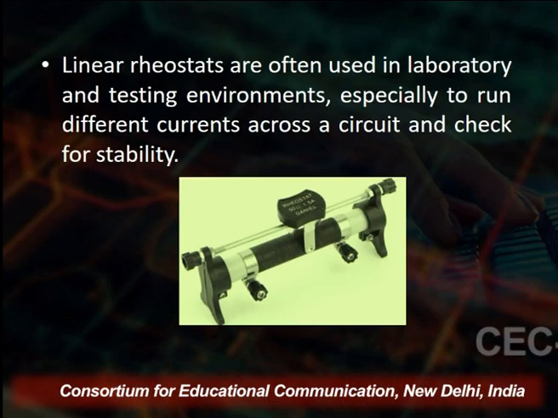Right now we can easily understand that the longer the path, the larger the resistance and the lower the current. Similarly, shortening the path lowers the resistance and increases the current. So it works vice versa. You see that this is a linear rheostat.